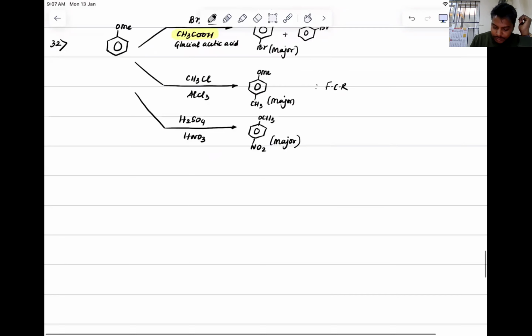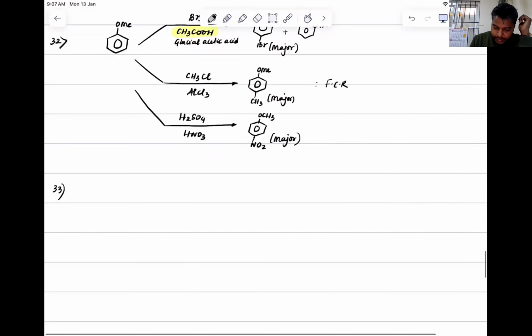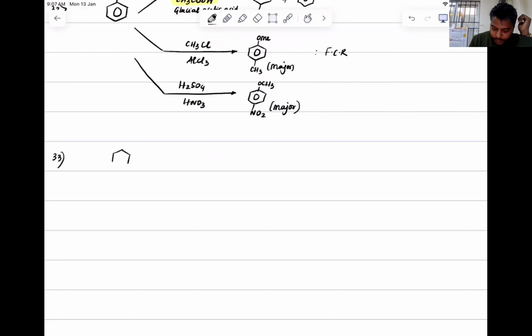Next, check out this 33 reaction. Suppose you have Br and NO2 here and you treat that with CH3O minus Na plus and just heat is mentioned.